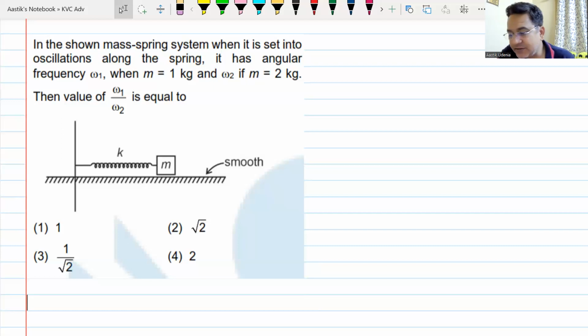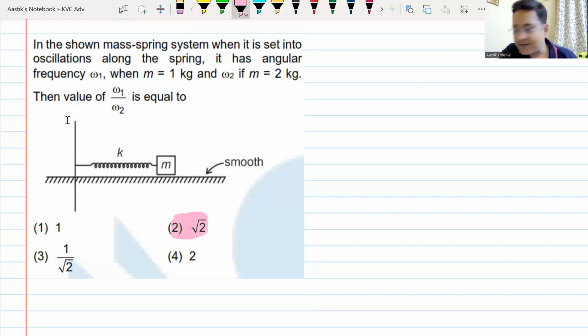You cannot get simpler than this one. Root 2, sir. Omega is root over k by m. K is the same. Omega is inversely proportional to root over mass, and we end up with our answer.